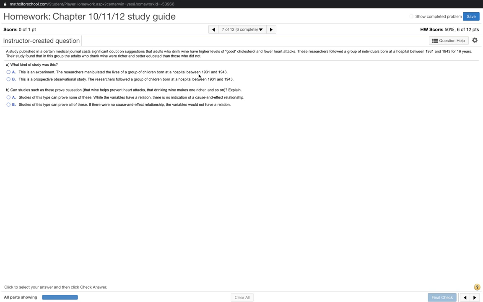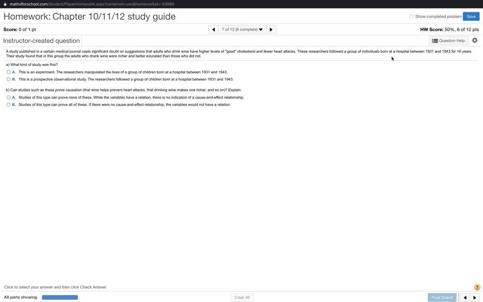If this were an experiment, that means the people who were part of this study, born at a hospital between 1931 and 1943, would have known that they were participating in the study, and been randomly assigned to one of the groups.